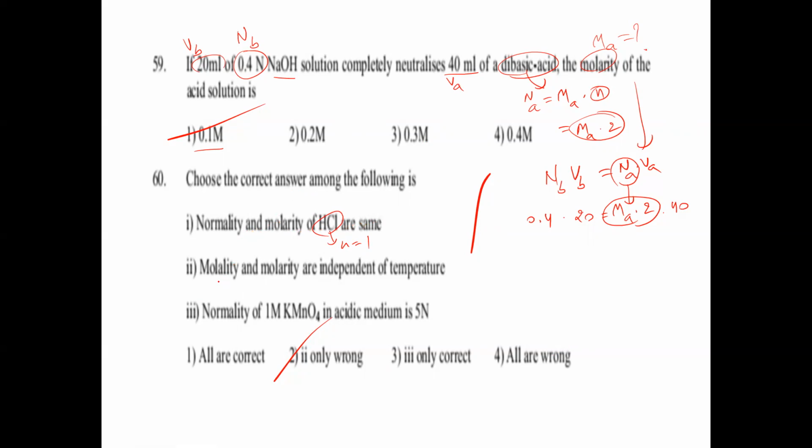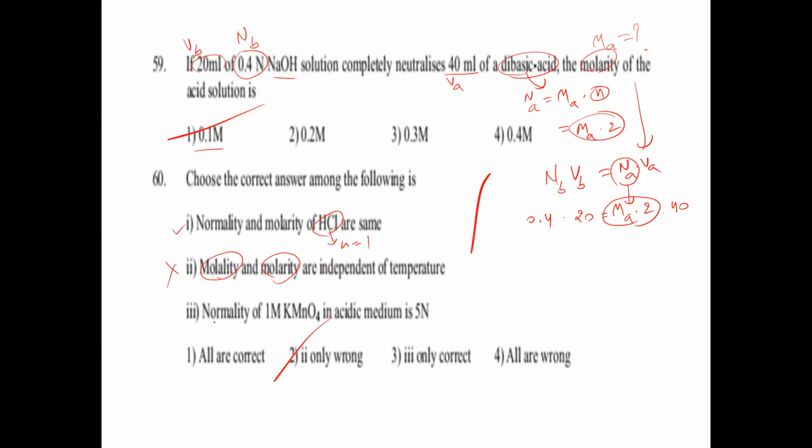Next one: molality and molarity are independent of temperature. Wrong. Why? Molality involves mass, so it is independent of temperature. Correct. But molarity involves volume, so it depends on temperature. But they gave that molarity is also independent of temperature, so it is a wrong statement.